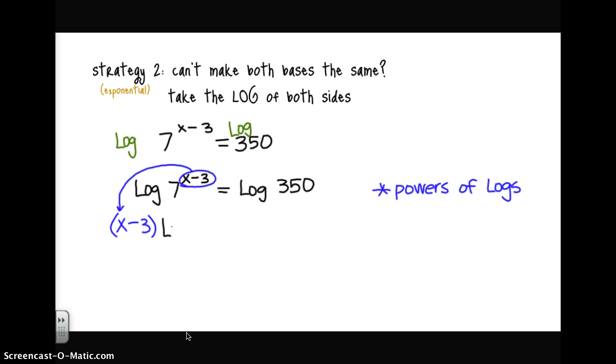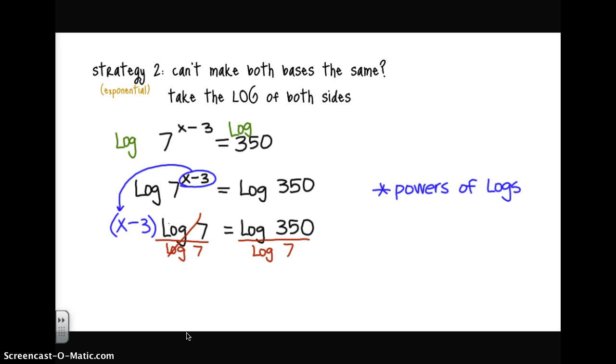So I've used the power rule to pull x minus 3 to the front. Okay. Then I'm going to divide by the log of 7 on both sides.